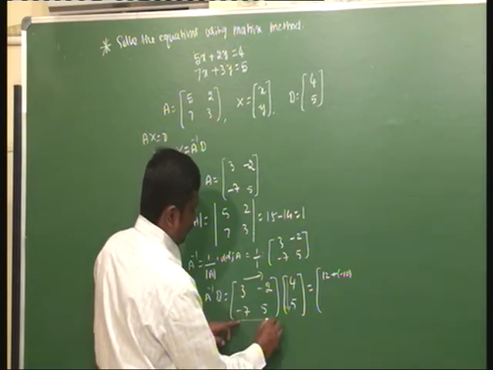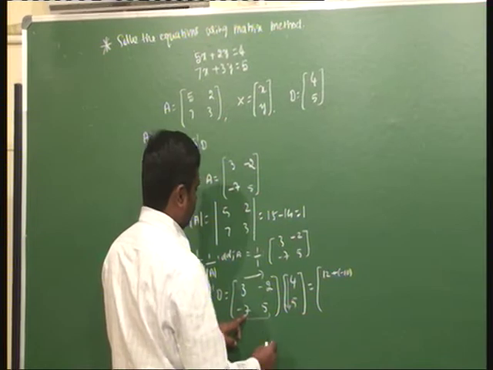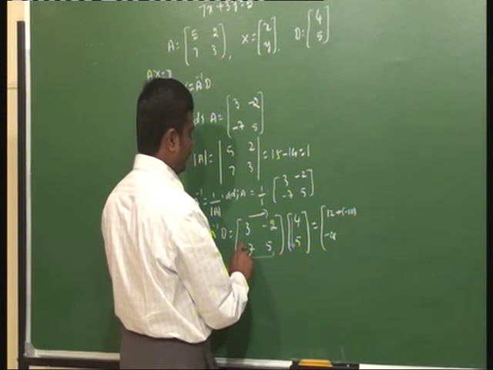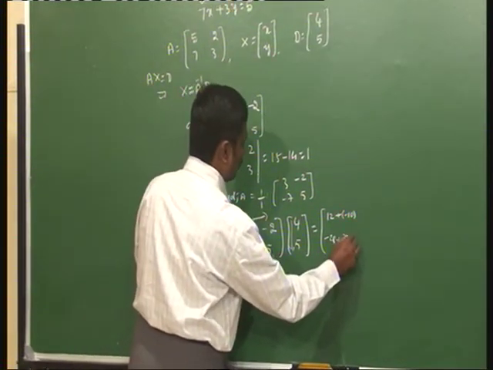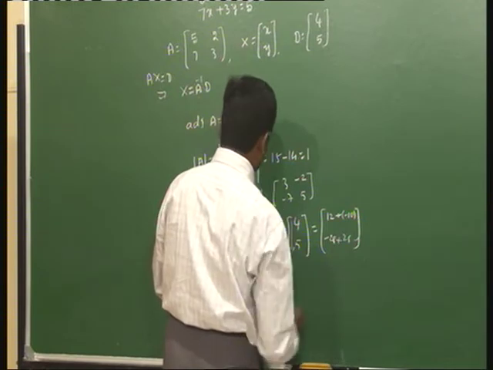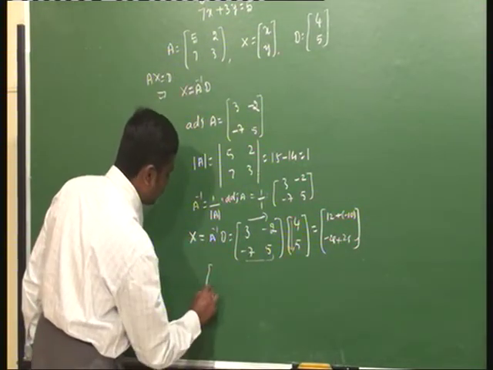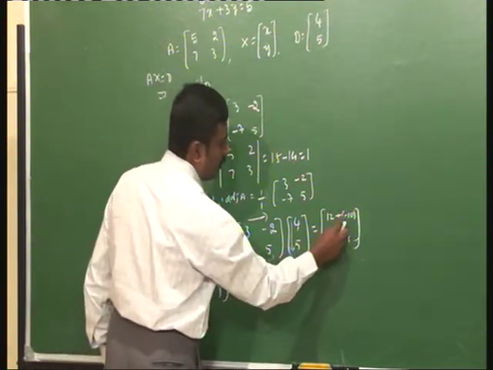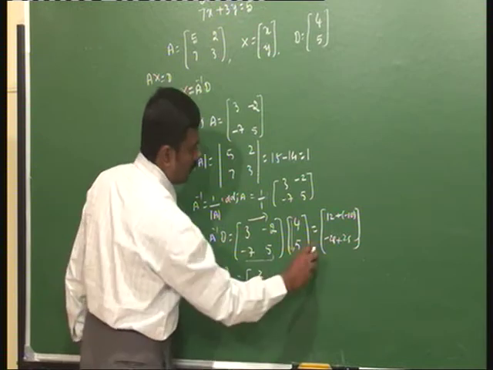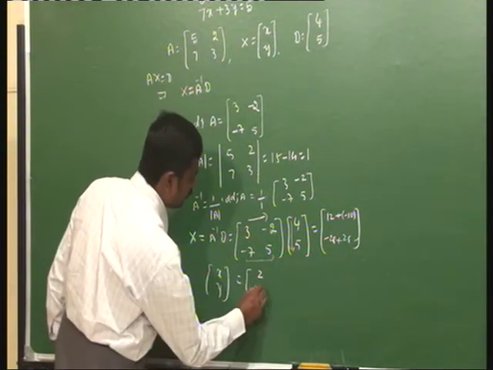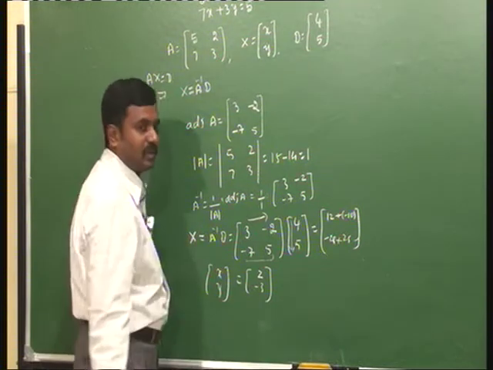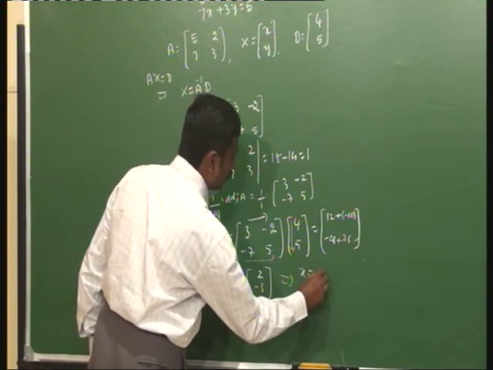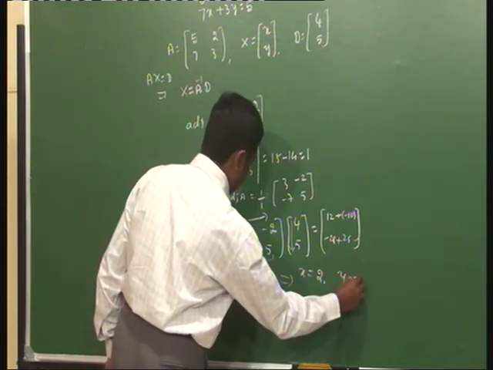Next, 7 4s are 28, minus 28, because 4 into minus 7 plus 25. That is, matrix X, which is nothing but x and y, is equal to 12 minus 10, which is 2, and minus 28 plus 25, which is minus 3. These two matrices are equal, therefore the corresponding elements must be equal. So this implies x is equal to 2 and y is equal to minus 3.